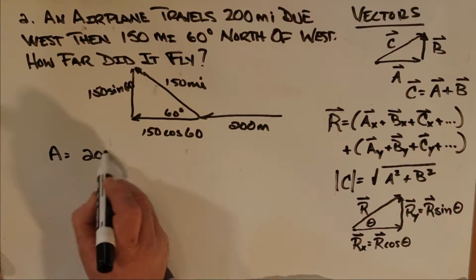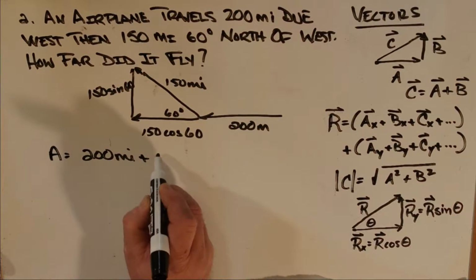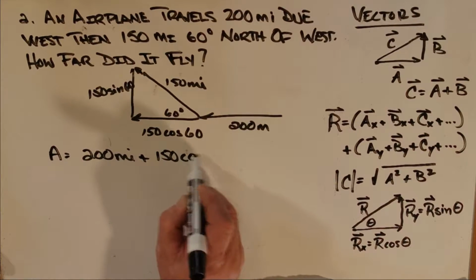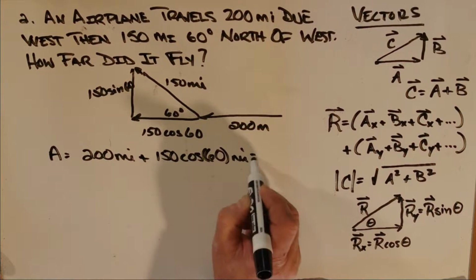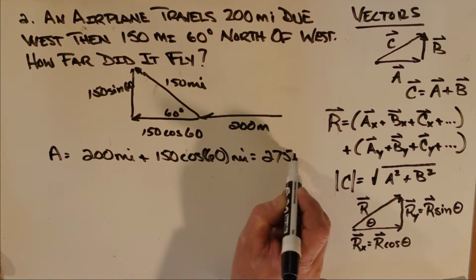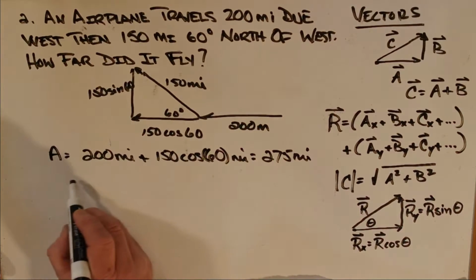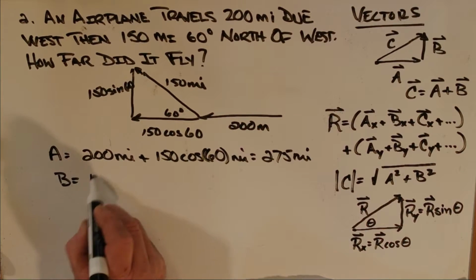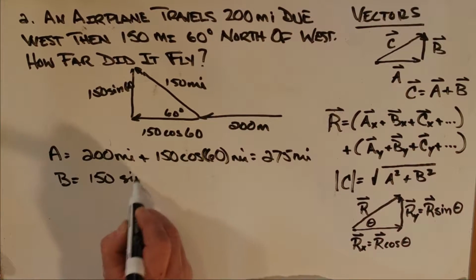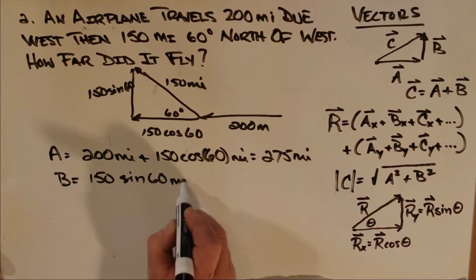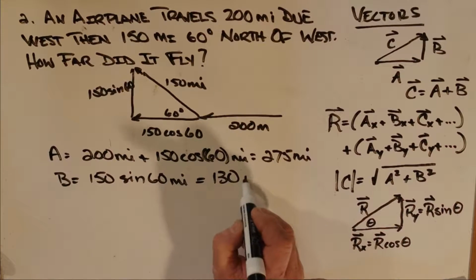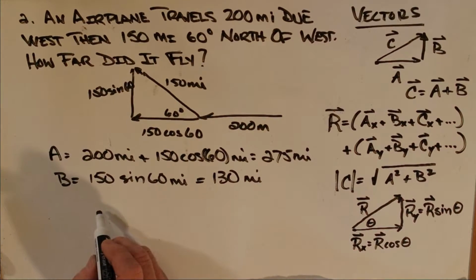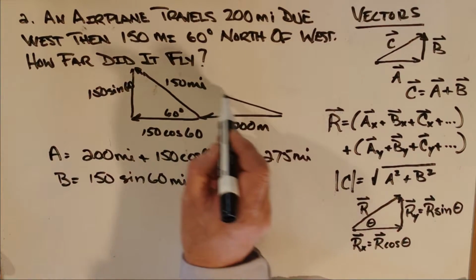And so summing up the x components and the y components, we have a, 200 miles plus 150 cosine 60, which is going to equal 275 miles. And then b, 150 times sine 60, or 130 miles.